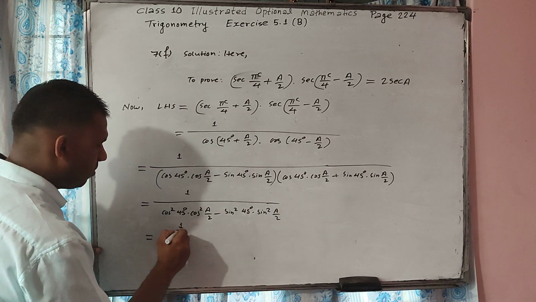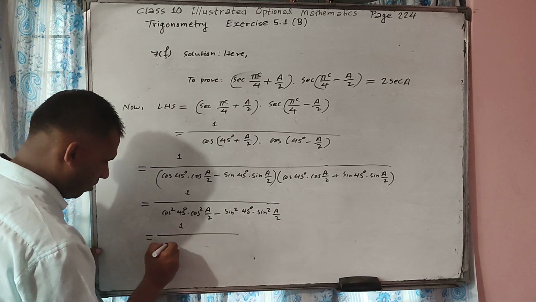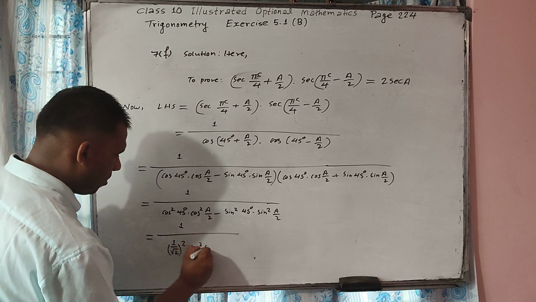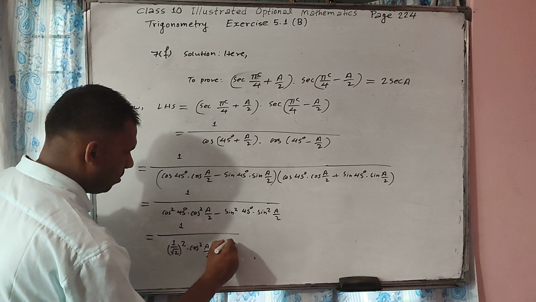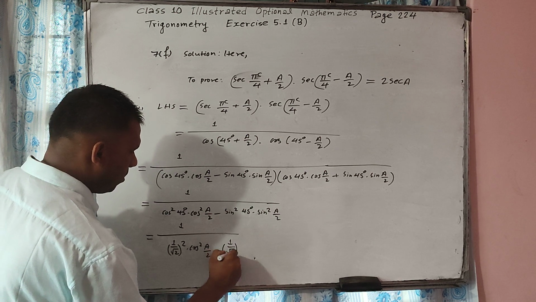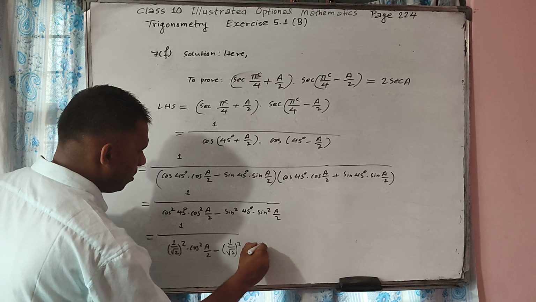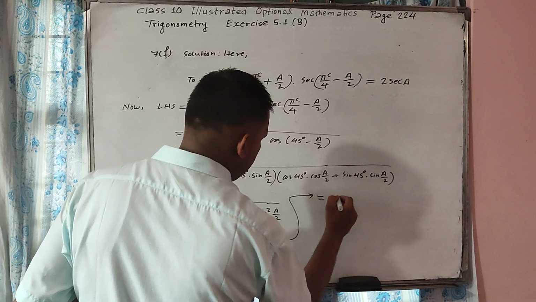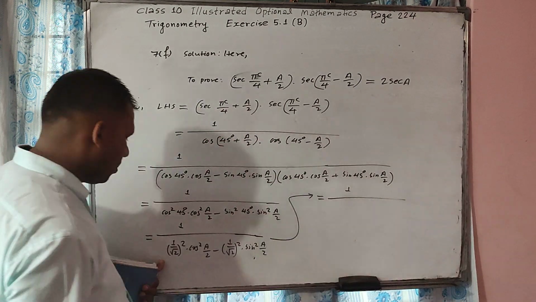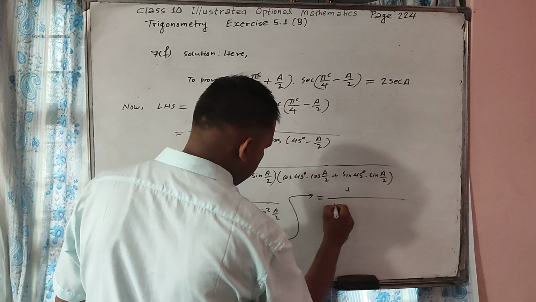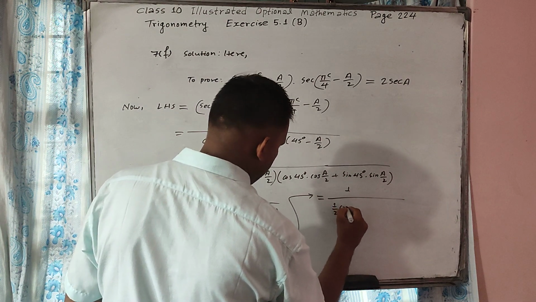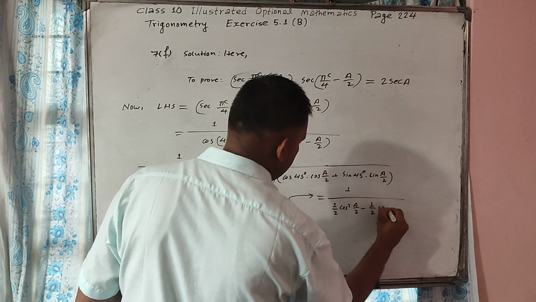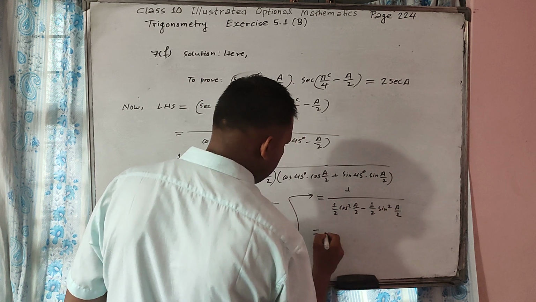Now putting value of sin 45 and cos 45 as 1 by root 2, so 1 by root 2 whole square cos square a by 2 minus 1 by root 2 whole square sin square a by 2, is equal to 1 whole upon, 1 by root 2 square is 1 by 2, 1 by 2 cos square a by 2 minus 1 by 2 sin square a by 2.